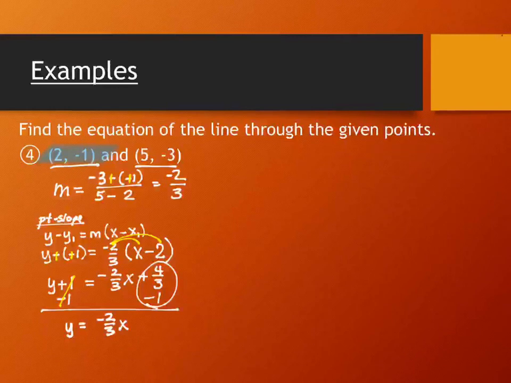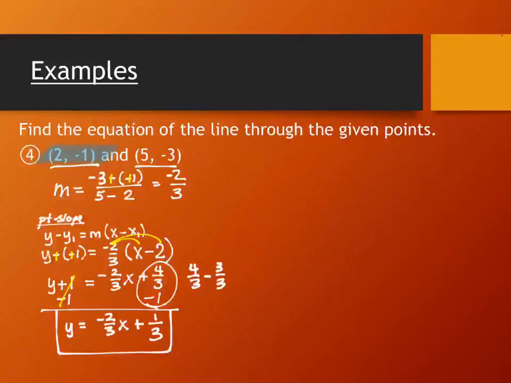So 4/3 minus 1 is the same thing as 4/3 minus 3/3, because 3/3 is the same as 1. What will I get? 1/3. It's positive. You would leave it like that if you were asked to find it in the y equals form, which is a pretty standard way that you're asked to give your equation at the end.